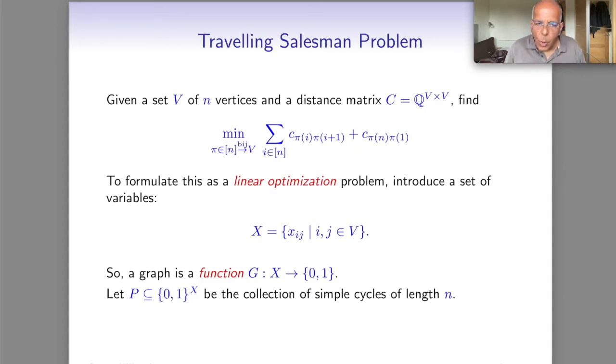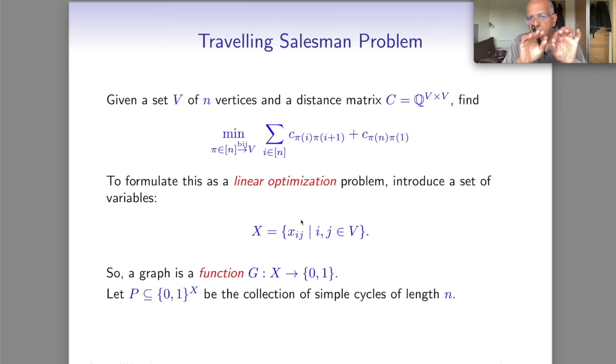Take those graphs which are simple cycles of length n. Each such graph is a function from X to {0, 1}. So we can think of it as a vector of zeros and ones indexed by X. There are, in fact, (n minus 1) factorial such simple cycles, because you can order the numbers 1 through n, and any ordering gives you a cycle.